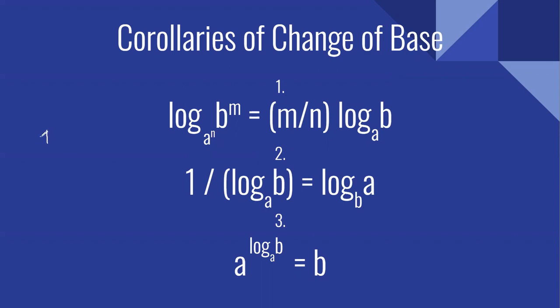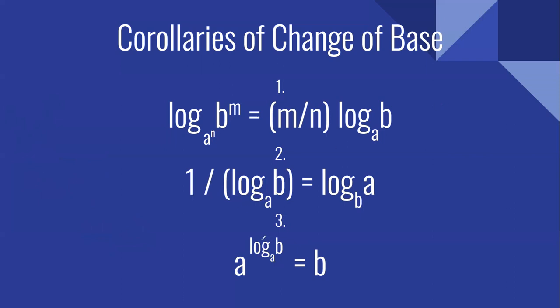So here, 1 divided by log b to the base a gives you log a to the base b. In this, a was the base and now a is the argument. b was the argument and now b is the base. So this was the second corollary of the change of base theorem.